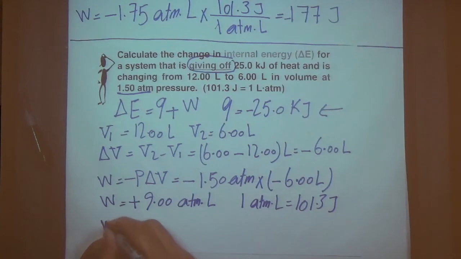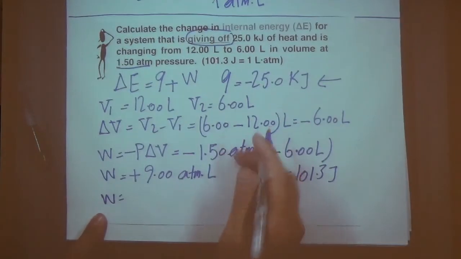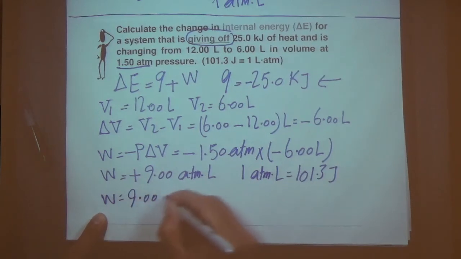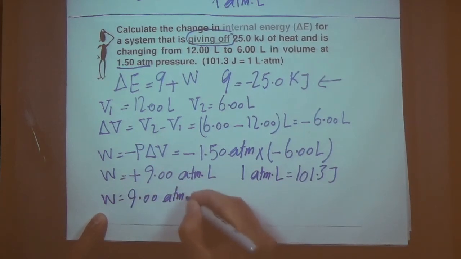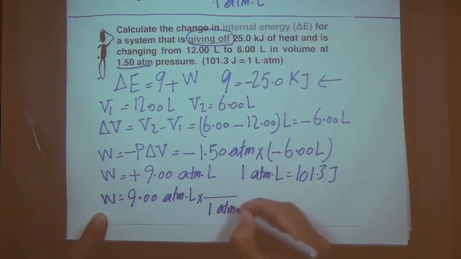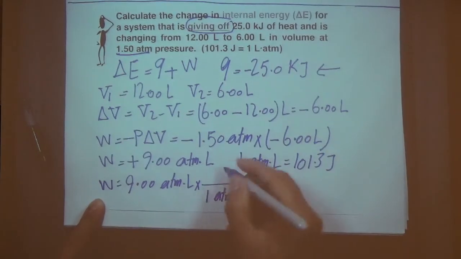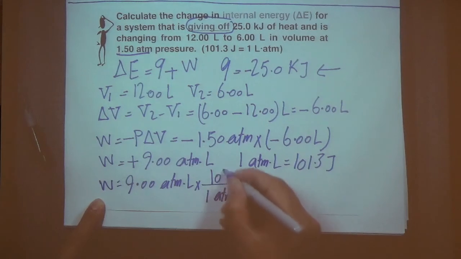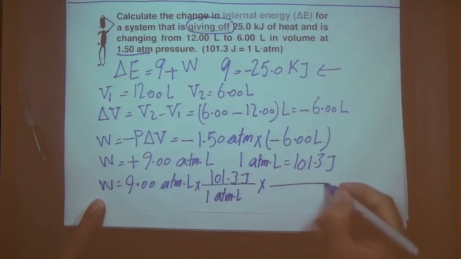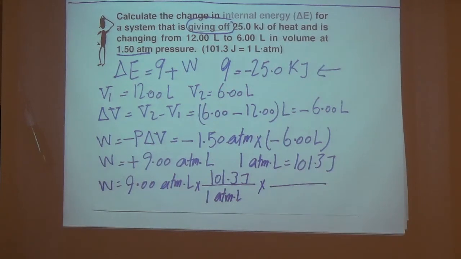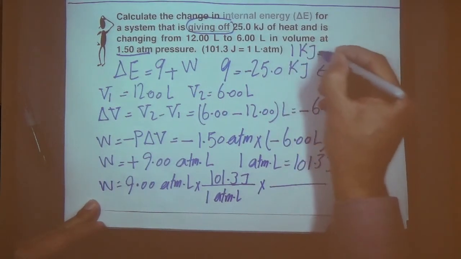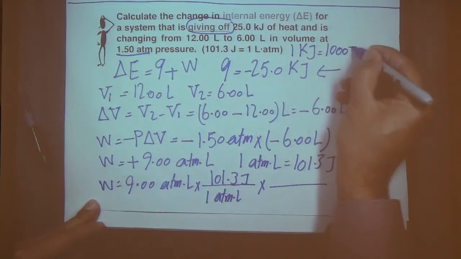So I'm going to use this one to transfer it to joule and then kilojoule. I got work equal to 9 atmosphere liter multiplied by 101.3 joule per atmosphere liter. 1 kilojoule is equal to 1,000 joule.